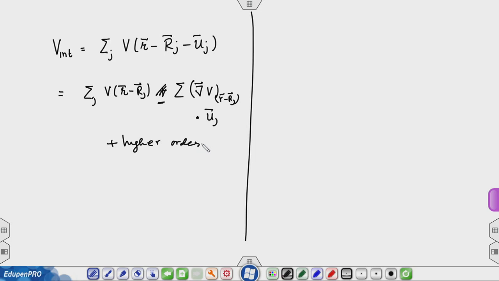And to understand the transition probability, what I have to do is take the expectation value of e raised to I k prime dot r, n prime q prime, V interaction, e raised to I k dot r, n q.